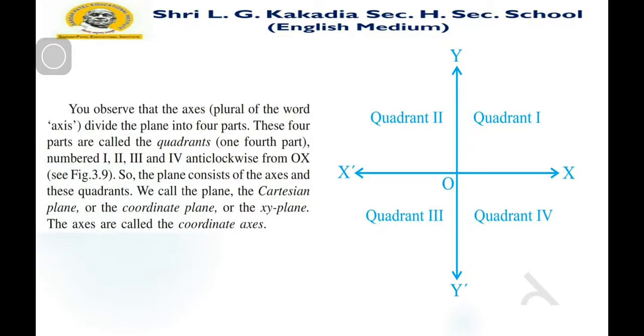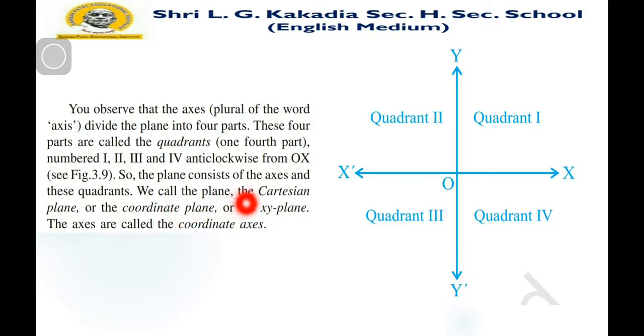You observe that the axes, plural of the word axis, divide the plane into four parts. These four parts are called the quadrants, meaning 1/4 part of the plane, numbered 1, 2, 3 and 4 anticlockwise from OX. So the plane consists of the axes and these quadrants.